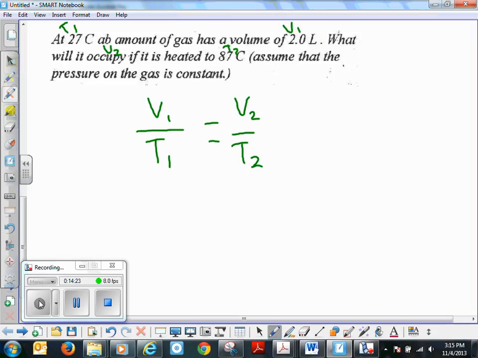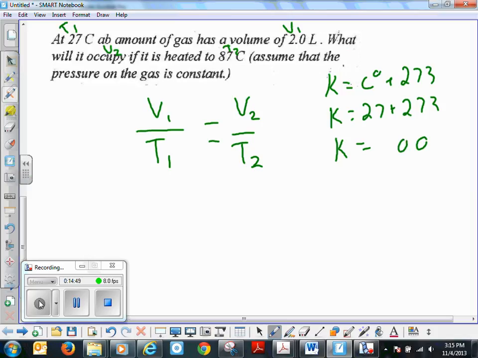Okay, so before we plug this in, we have to change Celsius to Kelvin, right? So Kelvin then is Celsius degree plus 273. Okay, so Kelvin for this is 27 plus 273. Kelvin would be 300.